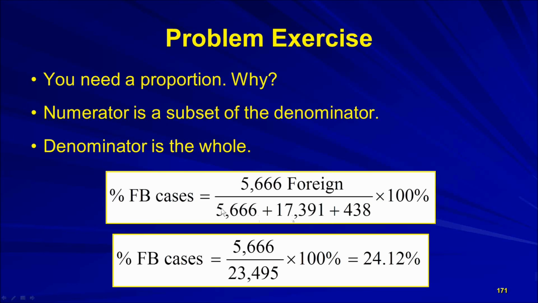And this makes up the total for the denominator. So when we get ready to do our math, we divide and multiply by 100, and 24.12% are foreign-born, okay, and have TB. Okay, does that make sense to you? All right, let's go on to the next one.